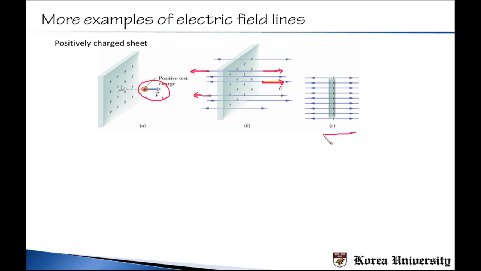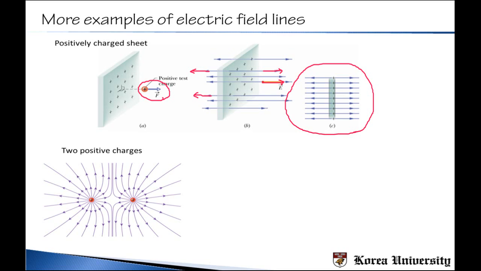So you can summarize that on both sides of the electrically charged sheet, the electric field will be pointing away from the sheet if the sheet is positively charged. Of course, if it is negatively charged, then the arrows will be pointing in. And if the charge density is uniform, then all the electric field lines will be parallel to each other.